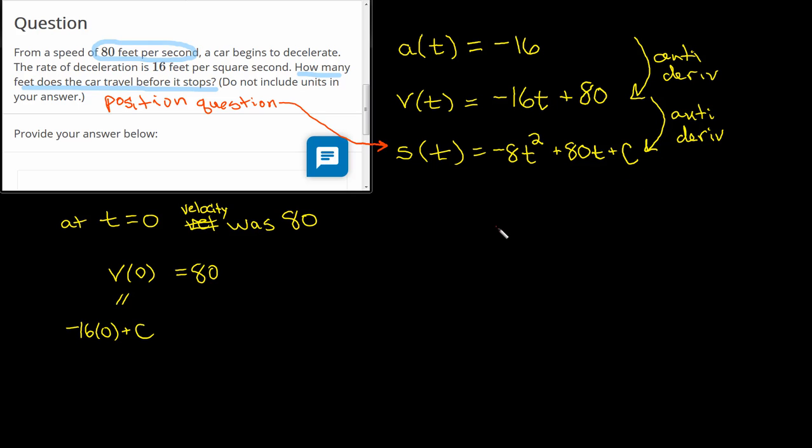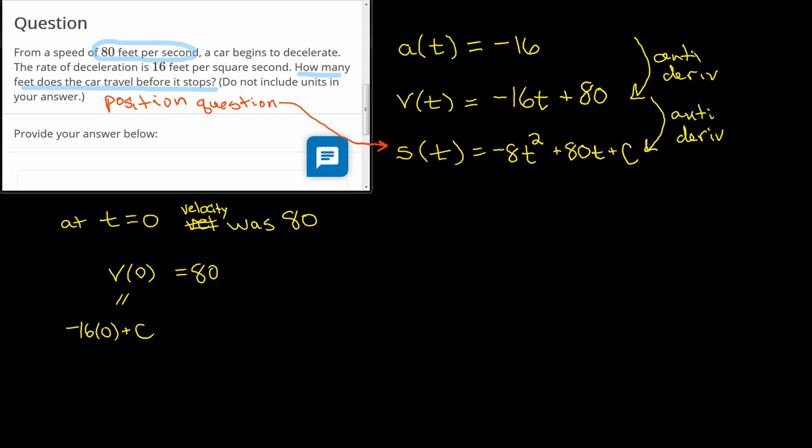But here's the thing: it actually turns out it doesn't matter what the initial position is. Just the way the problem's going to work out, you can put any number you want here, and you'll still get the same answer no matter what number you put here. You'll see why when we do it. The problem doesn't tell us what this initial position is, and at first that is a cause for concern.